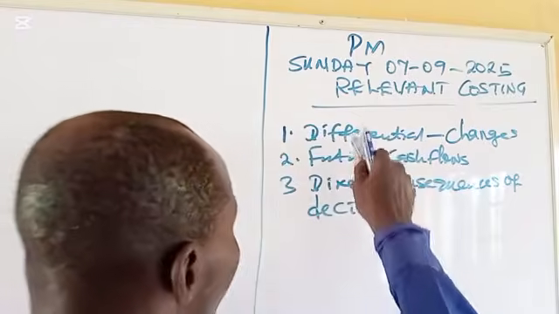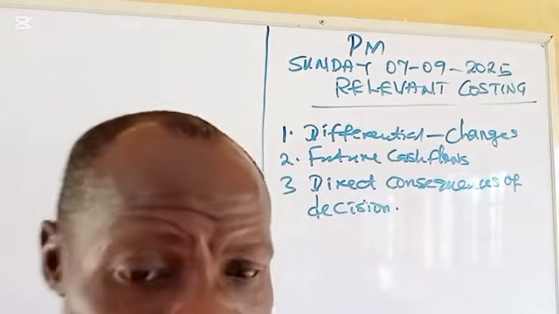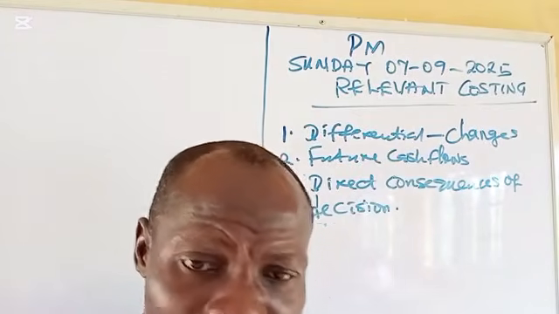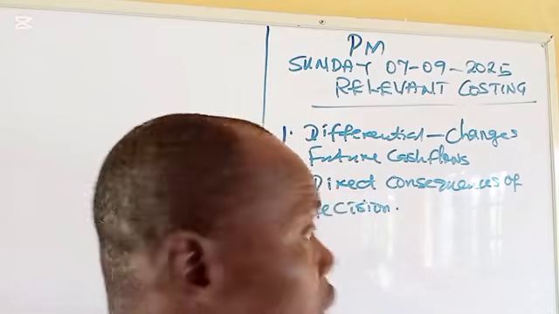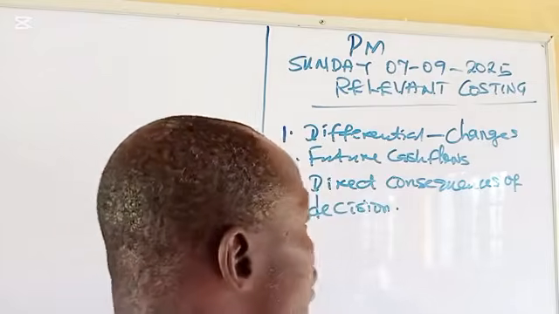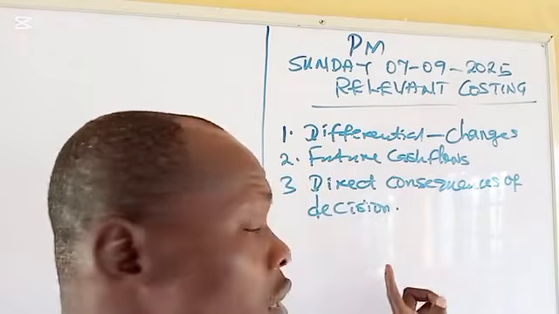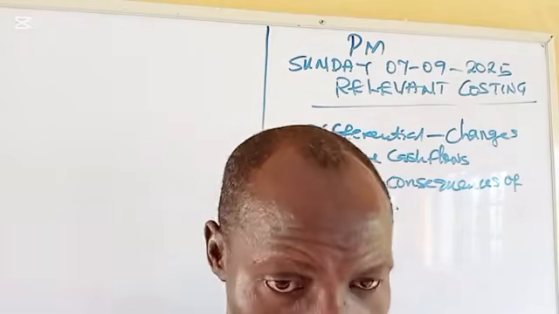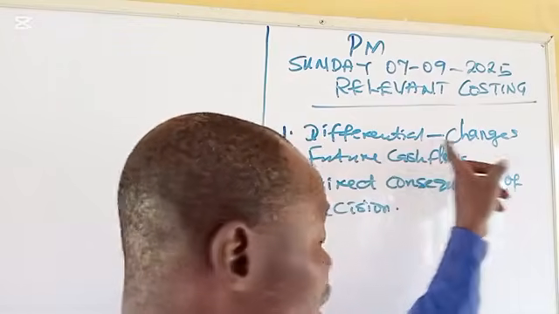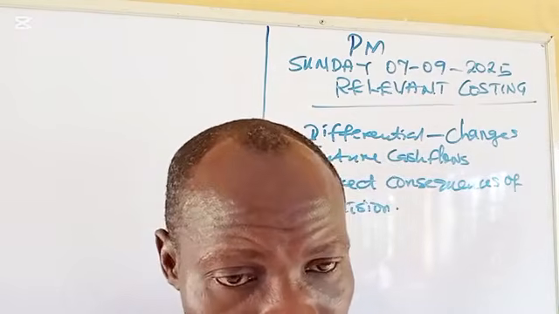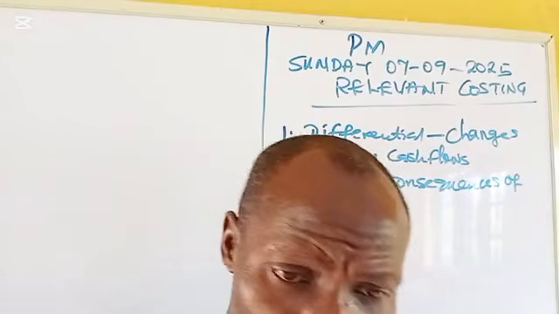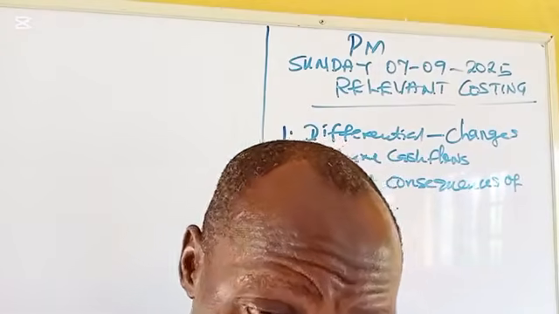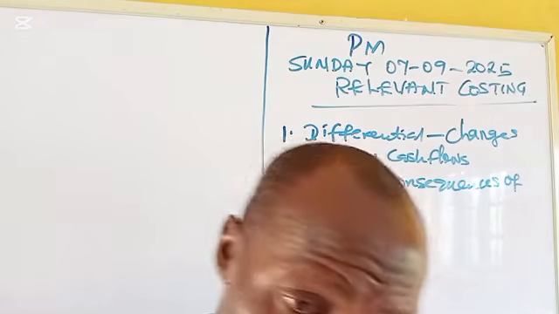So that is differential. We said they are differential future cash flows that arise in direct consequence of a decision. And I've told you that differential means changes. They change with the decision.